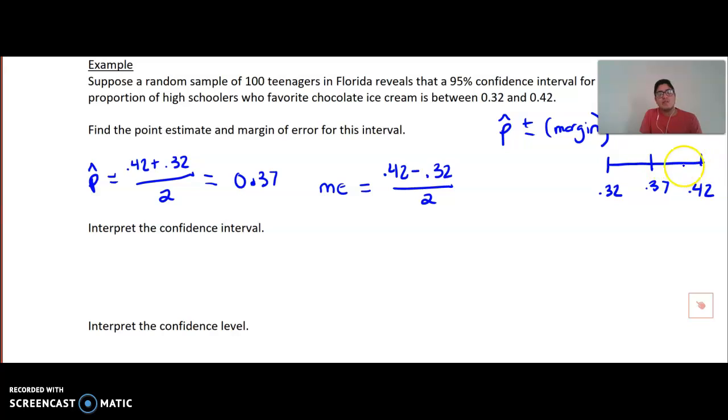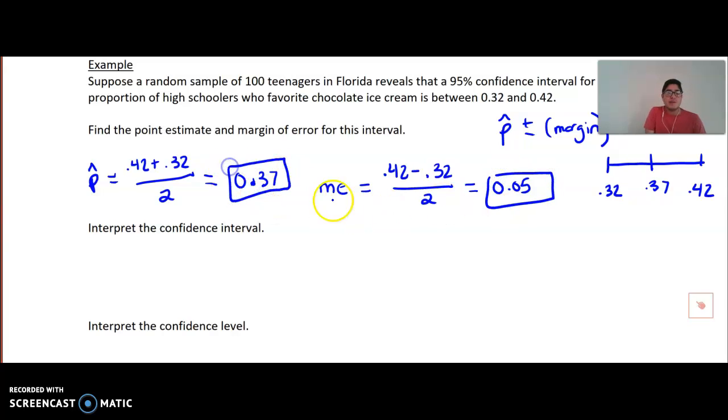I'm only looking for this distance here. We're about 5% off of the truth, or what we believe is the truth. So here, my margin of error is actually going to be 0.05. So those are just some examples of how you can find elements of your interval just based on the interval itself. And then we're going to learn in the next few lessons how we actually compute the margin of error.